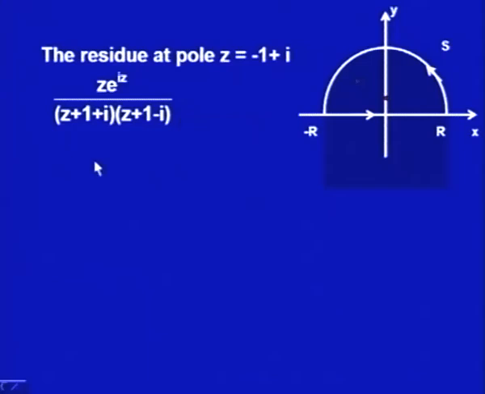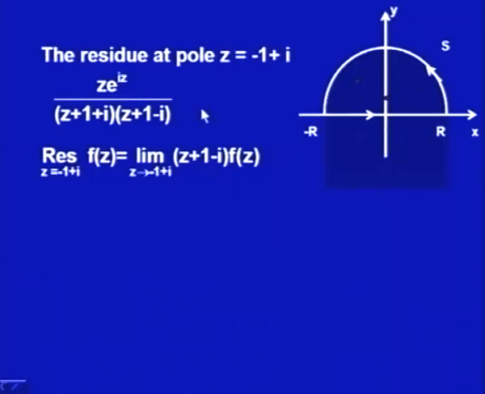We would use our first method of calculating residue, which says the residue of a function f(z) at z equal to z naught, when z naught is a simple pole, is the limit as z approaches z naught of (z minus z naught) f(z). Here z naught is minus 1 plus i. So using this definition, the residue at z equal to minus 1 plus i of f(z) would be the limit as z approaches minus 1 plus i of (z plus 1 minus i) into f(z).